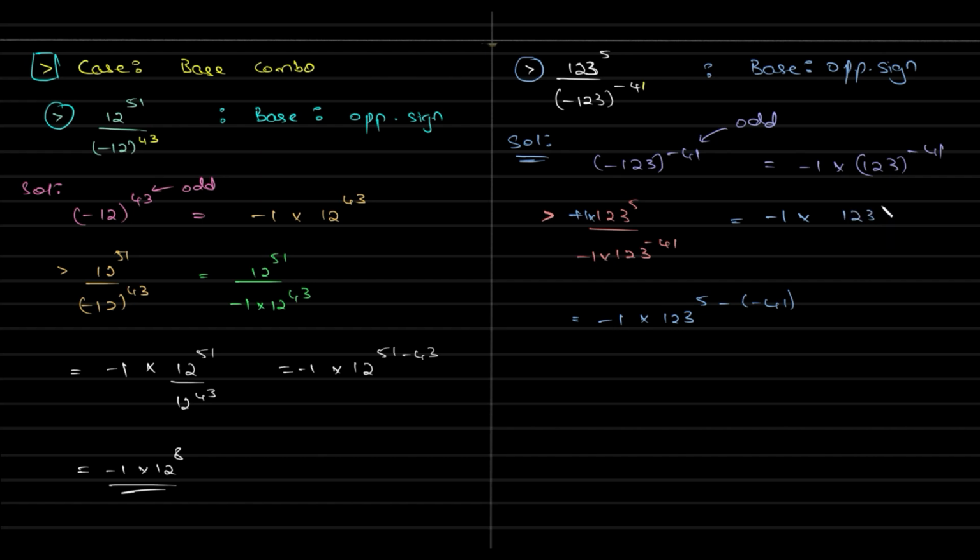Of course, it's of no use. This step won't make sense. It does make sense mathematically, but you need not waste time writing all of those. I would like you guys to jump on to the things which are more helpful. So negative 1 into 123 to the power of, negative of negative is positive, 46. Okay.